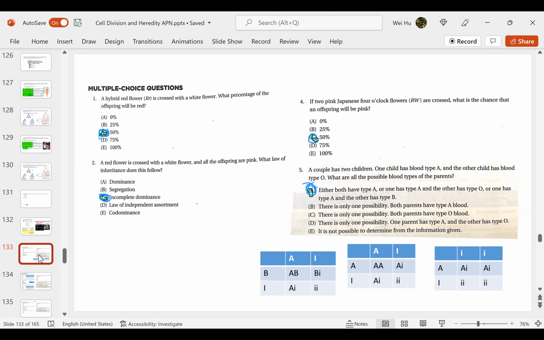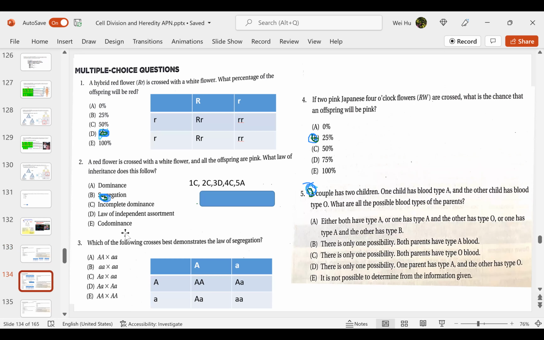Why did you get a C, dear? 4 is D and 5 is A. Why did you get this one? Pink. Let's do it together.